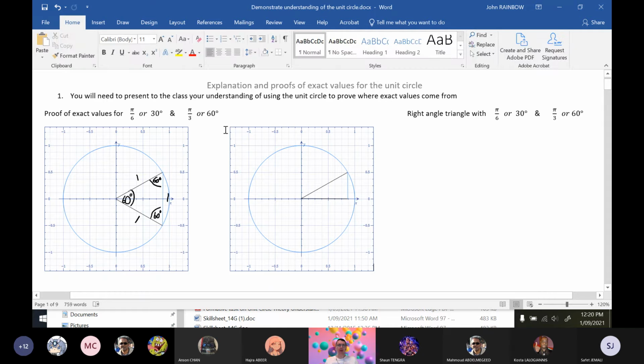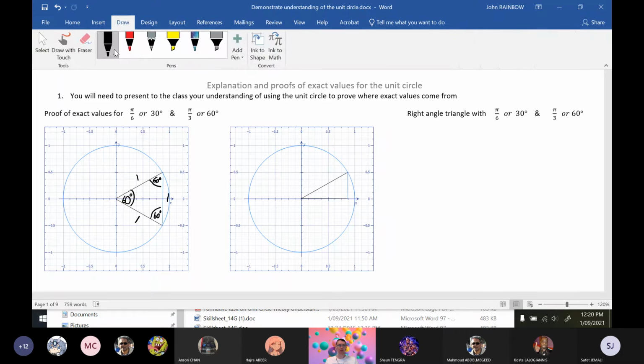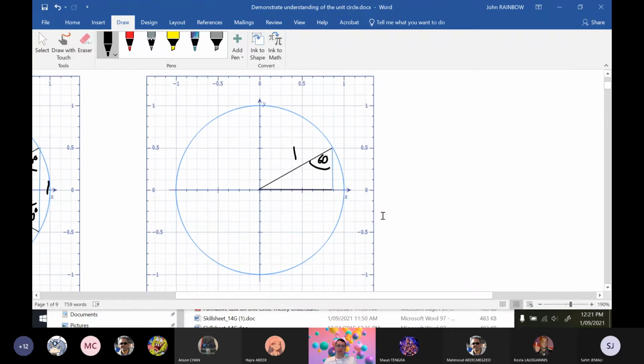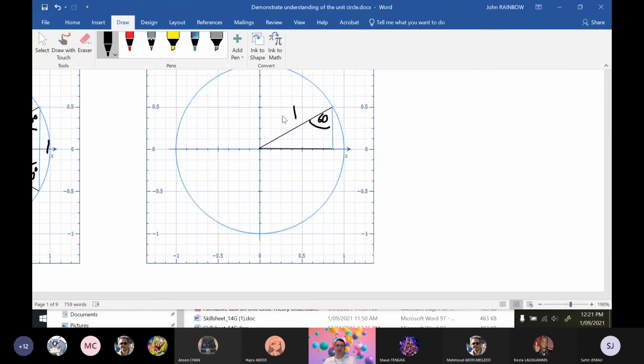Now, let's label everything we know on this. We did go through this a little bit before. So, we know that this is 1. We still have an angle here. This angle is what? This angle is 60. Just going to zoom in a little bit. That's 60 degrees. We've halved this.